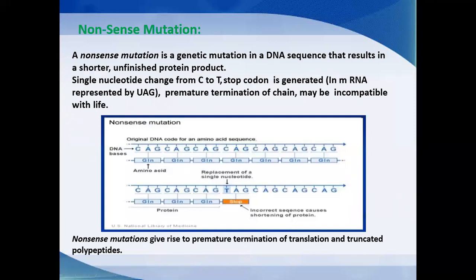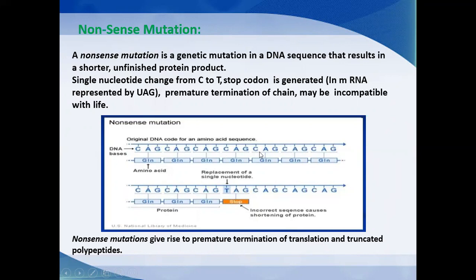Next one is nonsense mutation. A nonsense mutation is a genetic mutation, or a point mutation in a DNA sequence, that results in a shorter, unfinished protein product. For example, the specific DNA nucleotide sequence determines the amino acid sequence containing n number of amino acids.